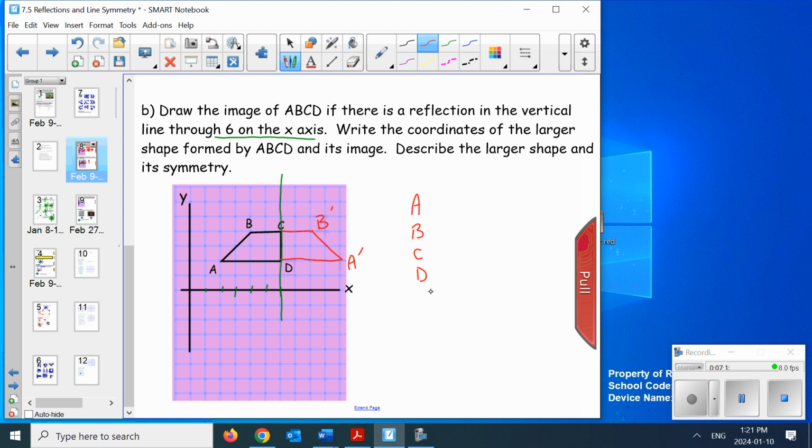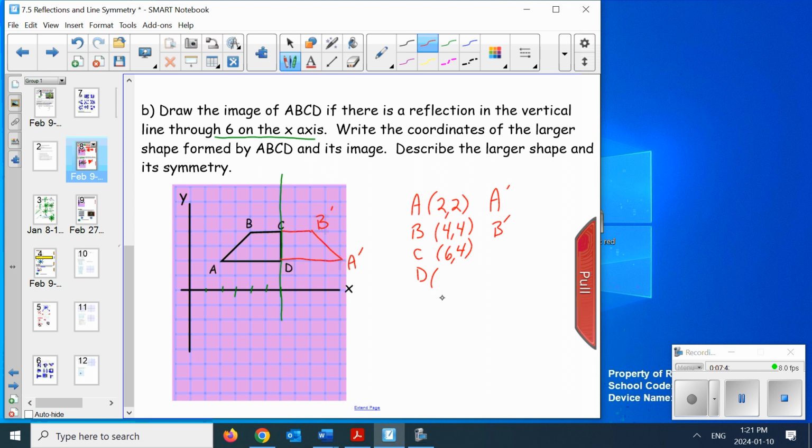It's the E prime and A prime. Okay, let me go with this here. A is 2, 4. B is 4, 4. C is 6, 4.